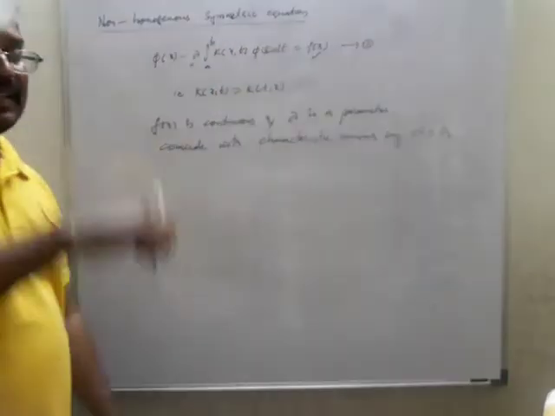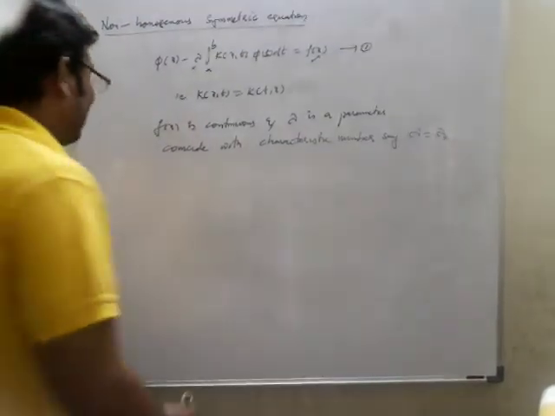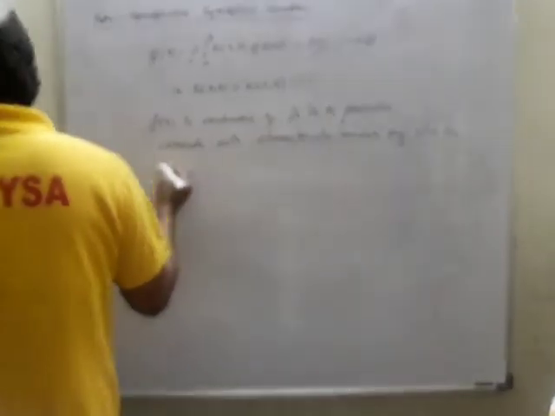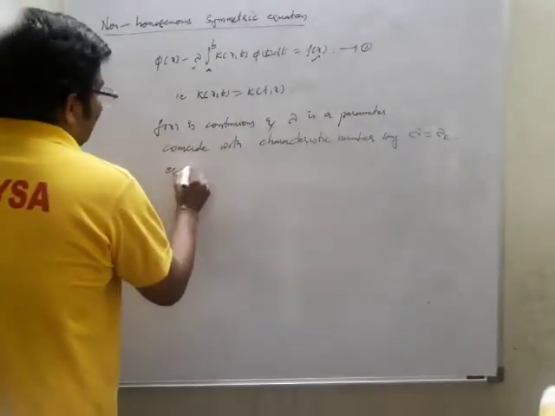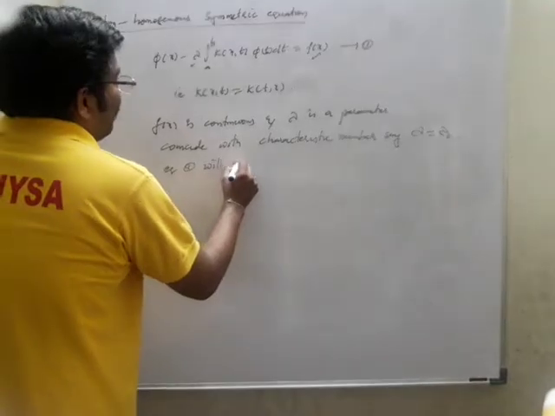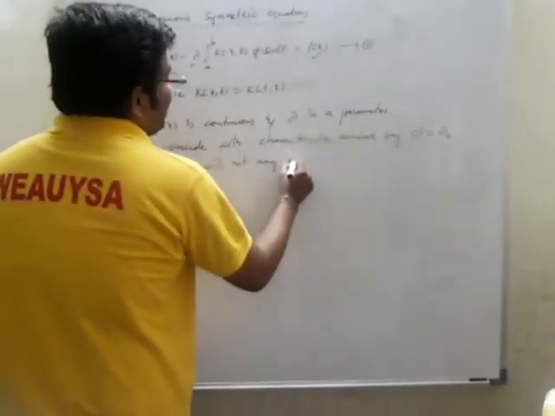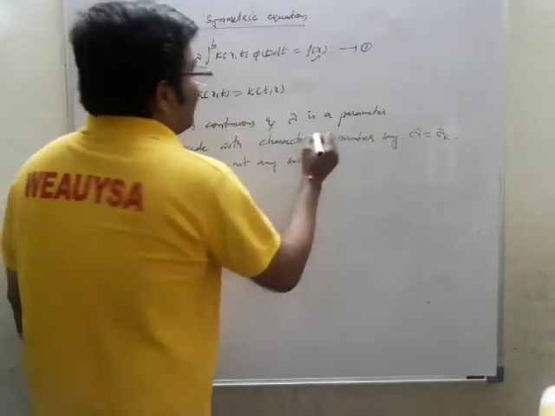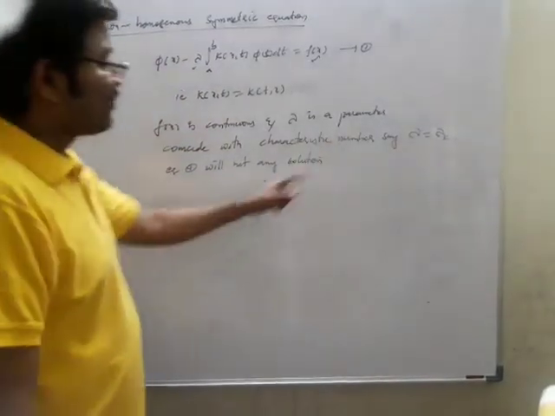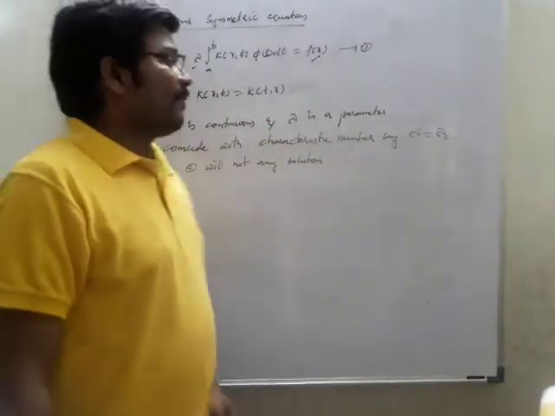If it is coinciding with lambda is equal to lambda k, then you can see that equation 1 will not have any solution. It does not have any solution if it coincides with lambda is equal to lambda k.